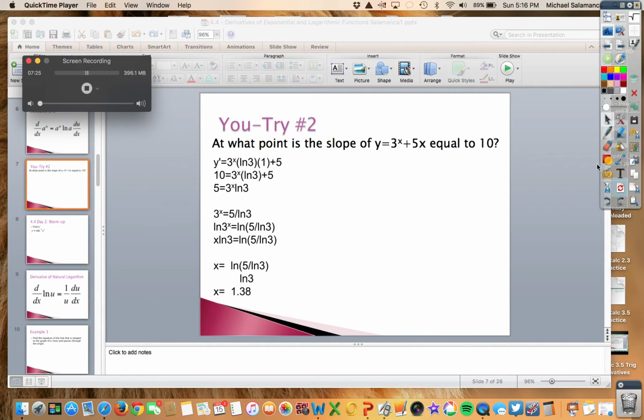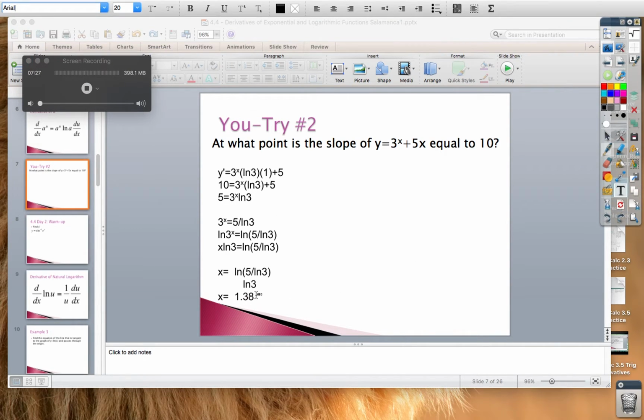When we plug this into the original, we take the x value and substitute it into the original. And using my calculator, we have the following point: 1.38, 1145.